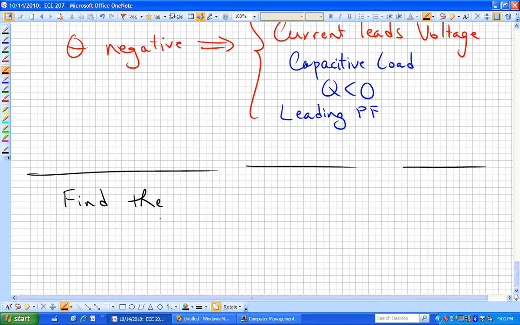So the answer would be no. They wouldn't charge you for capacitive load because... The question is, are they going to charge you for a capacitive load? In today's economy, if you have a leading power factor, they may charge you if it's 0.7 because that's going to take a lot of apparent power.